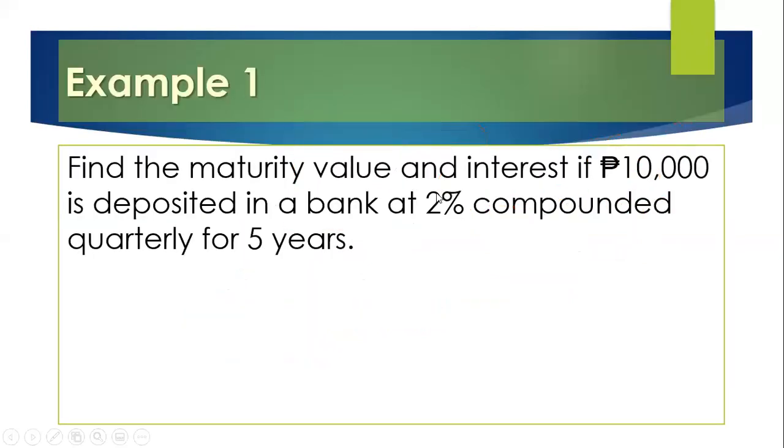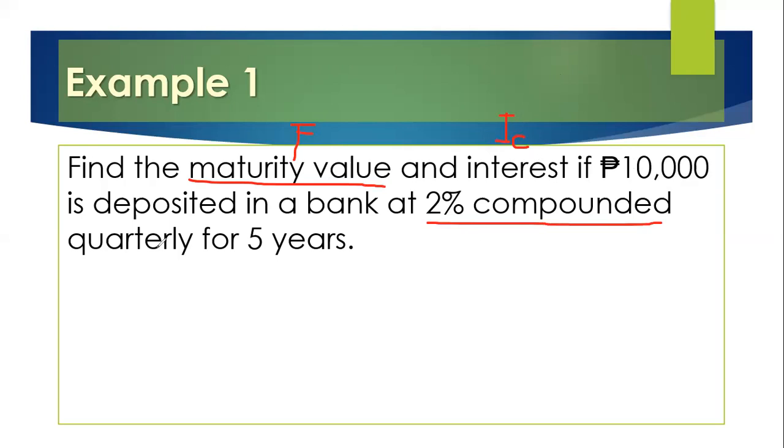Okay. So our example number 1, find the maturity value. Okay. So maturity value nga hanapin, F na agad yon. And interest, interest is I. If 10,000 pesos is deposited in a bank at 2% compounded quarterly for 5 years.